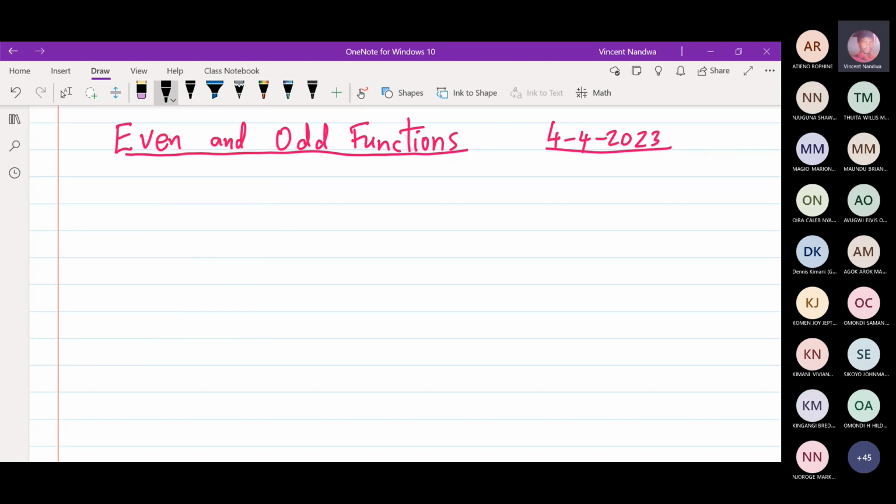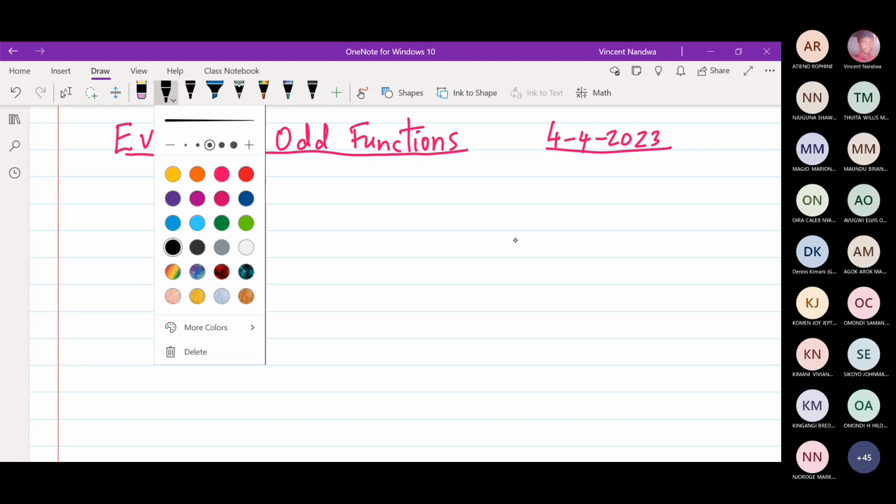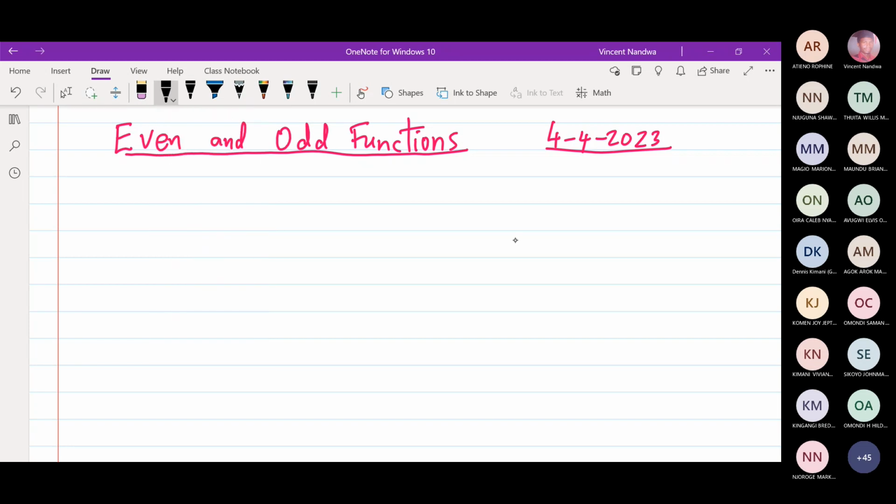From your pure math class, how did you define an even function? When is f of x even?